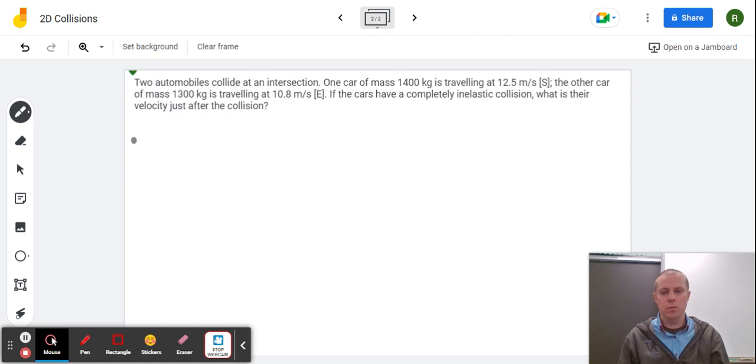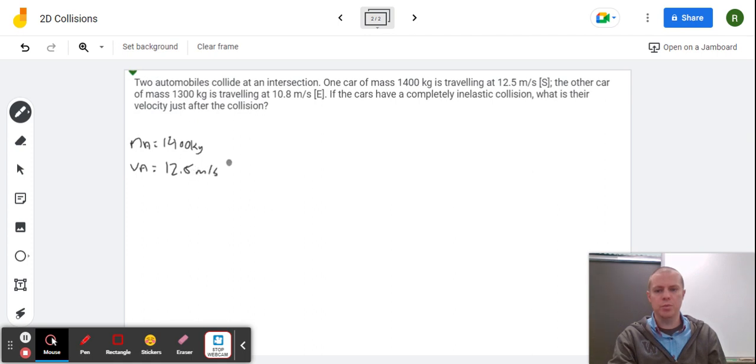The mass of one car is 1,400 kilograms, and it is initially traveling at 12.5 meters per second south. And we have a second car with mass 1,300 kilograms traveling at 10.8 meters per second east.